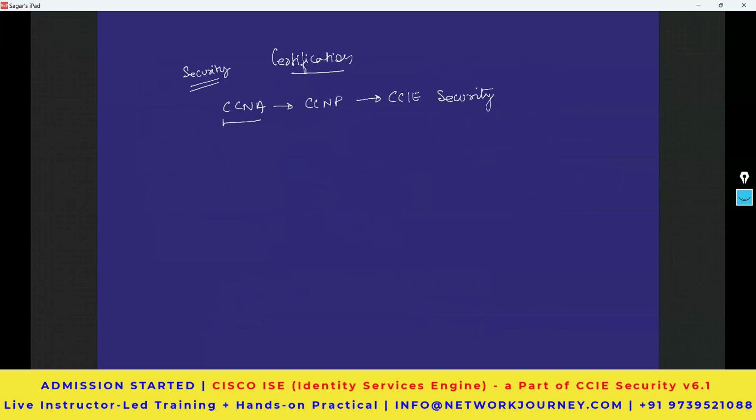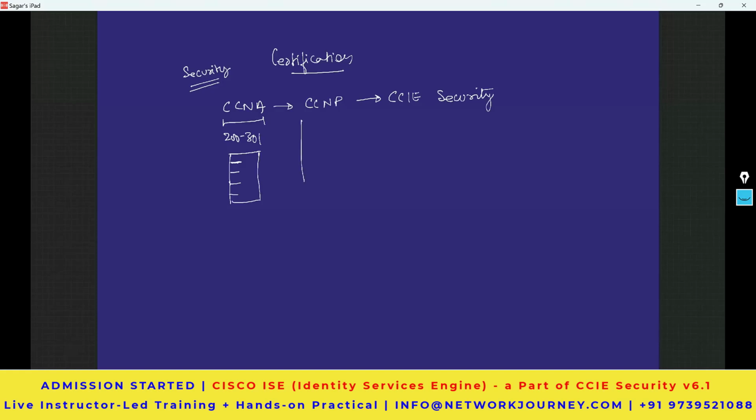As such, there is no security in CCNA. There is only a global paper, which is 200-301, and it consists of switching, routing, IP security, IP services, a bit on network programmability, and all those things.